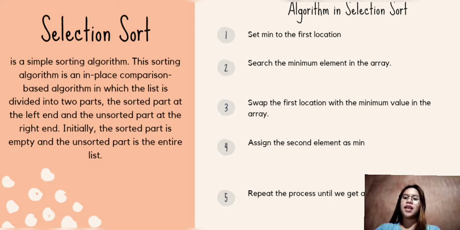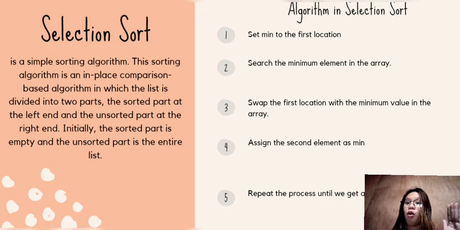The smallest element is selected from the unsorted array and swapped with the leftmost element, and that element becomes part of the sorted array. This process continues, moving the unsorted array boundary by one element to the right.